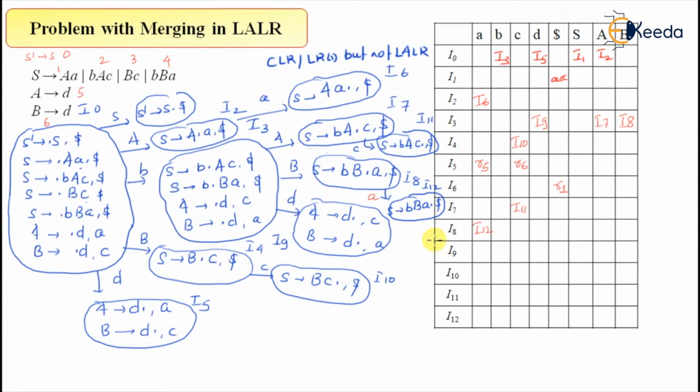I9 is R5, which is on the C column, and R6 is on the A column. I10 is BC dot, and BC dot is 3, and I will write in the dollar column R3.